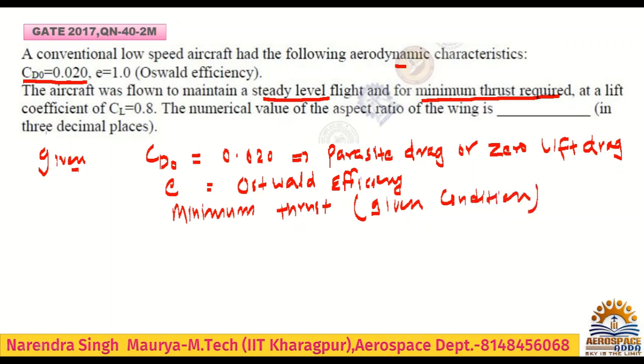At that minimum thrust required condition, the lift coefficient CL is given as 0.8. The numerical value of the aspect ratio of the wing is, so here they are asking what is the aspect ratio. We need to calculate it.